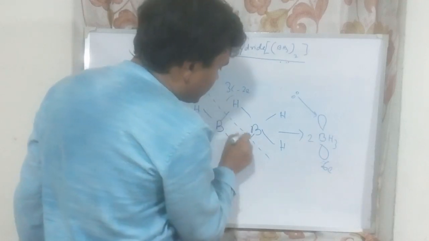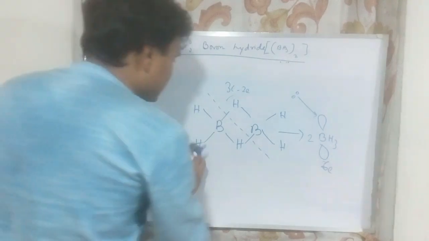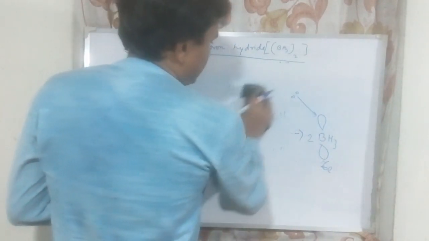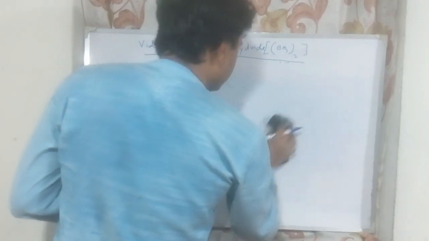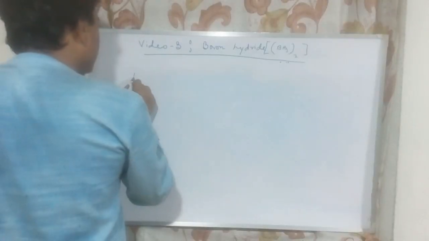And actually this happens in the presence of an electron donor like oxygen, and the reagent which is used to break this and produce a stable BH3 adduct is tetrahydrofuran.